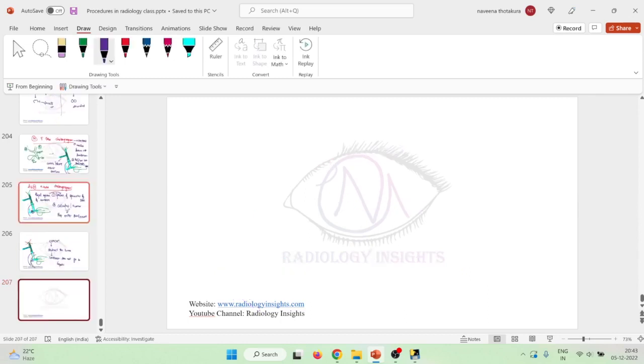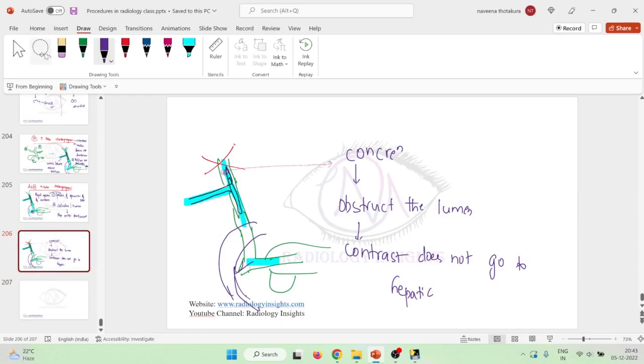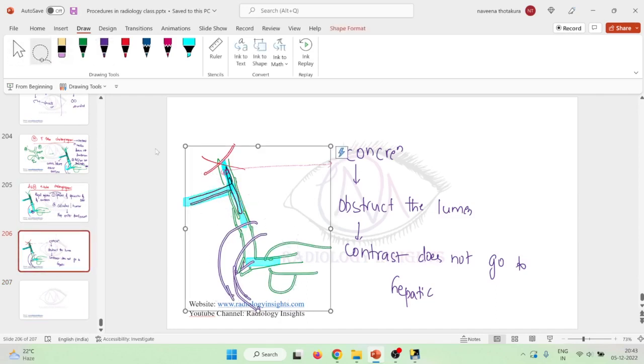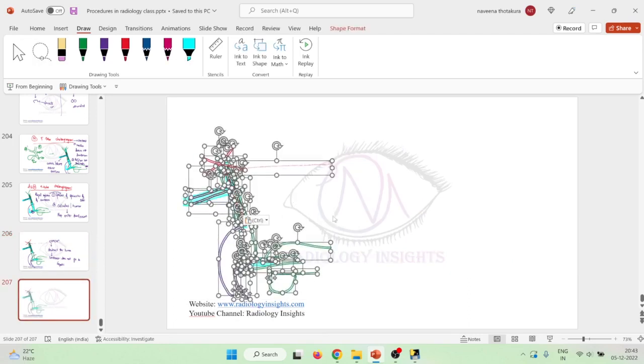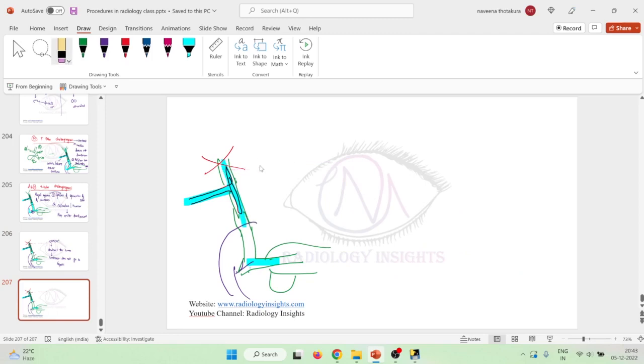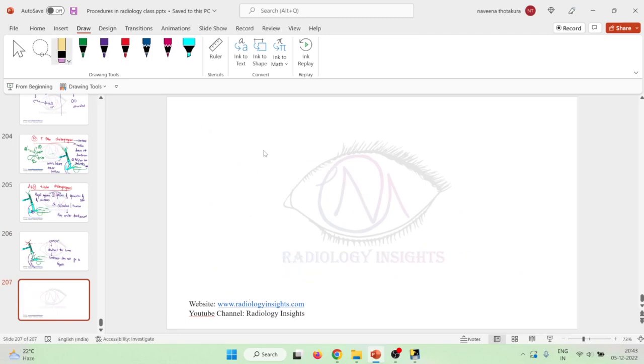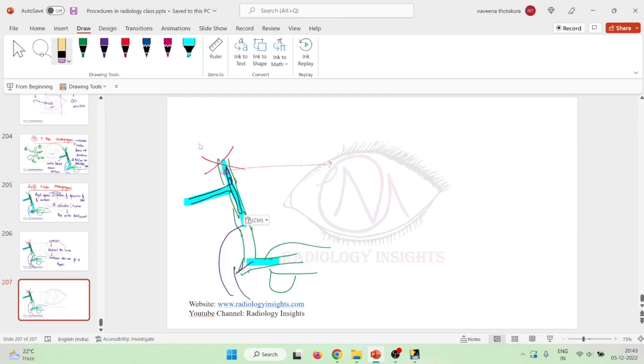Second, now if the contrast does not even go to the T tube, that means there is no contrast here.